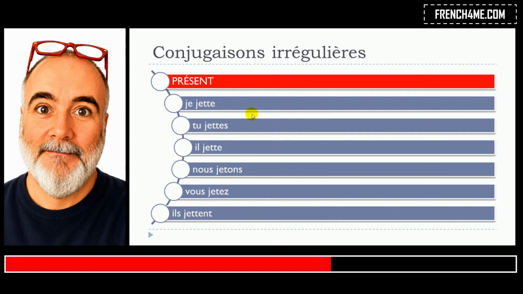The only change you will have to make is to double the t here. Normally you should have only one and then you will double it. By putting two t like that, it will open the sound of this e, so you will get jette, okay? Je jette, tu jettes, il jette, and here you don't touch it, jetons, vous jetez, okay? And then back to the change, ils jettent, all right? So you double this letter t here, okay?